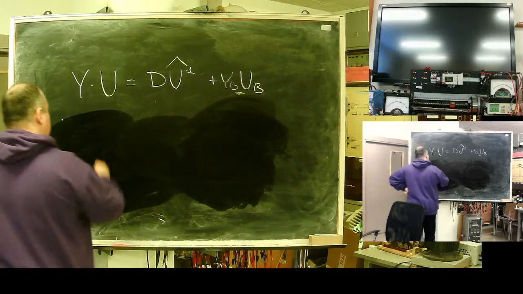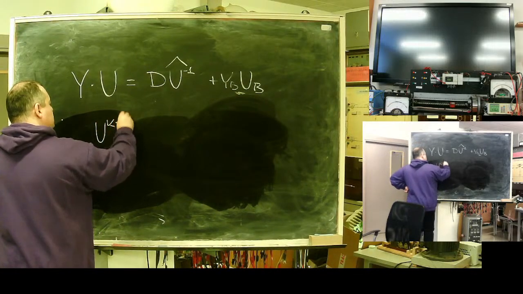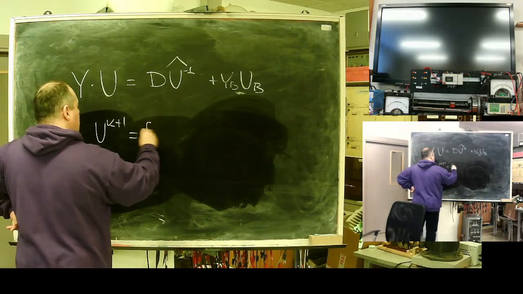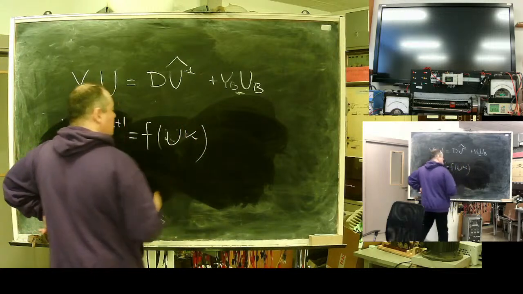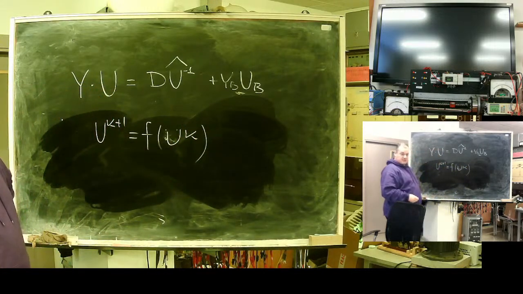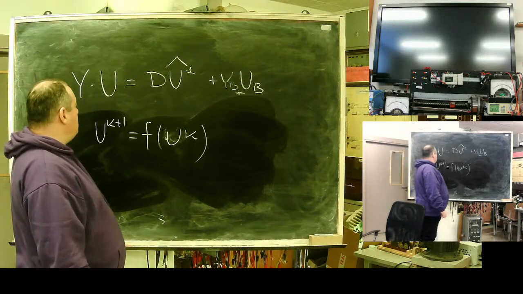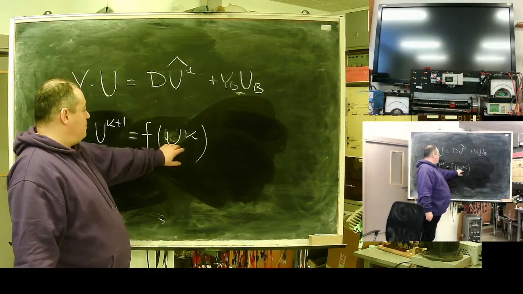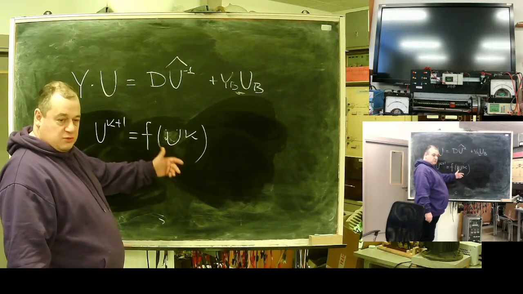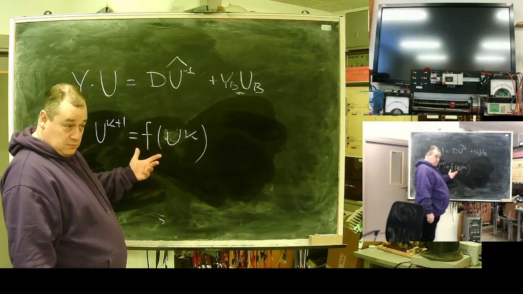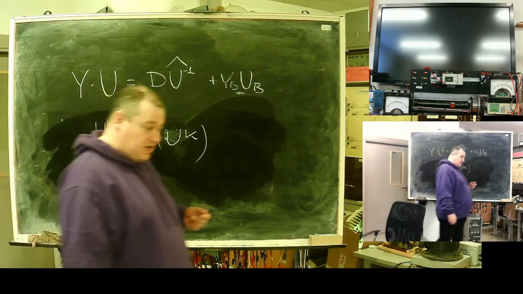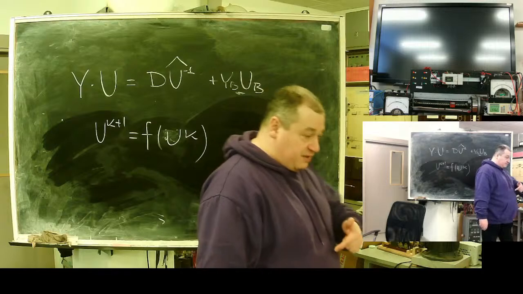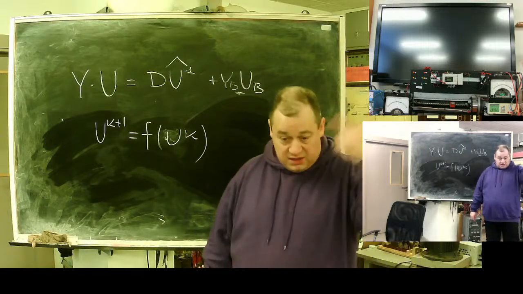We will have next voltage as some function of the previous one, the previous step. That means, physically it's one voltage in one node, but for the calculus process, I have previous, present, and next.